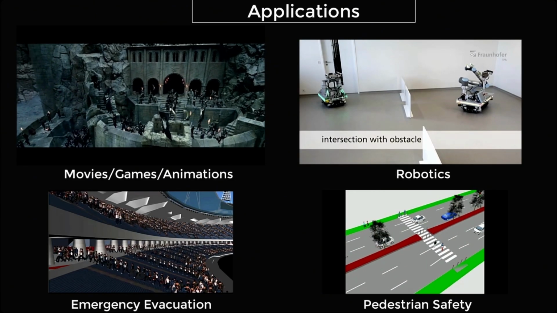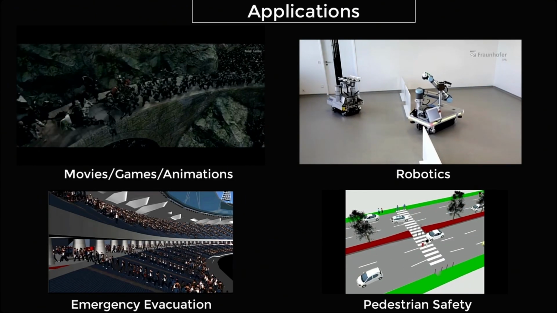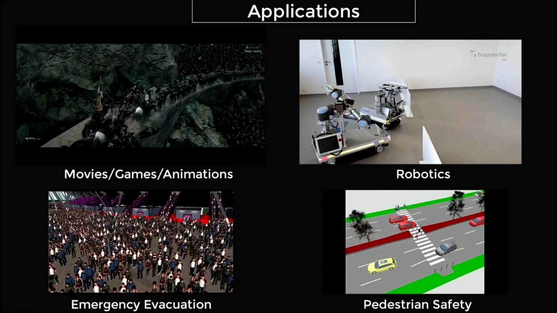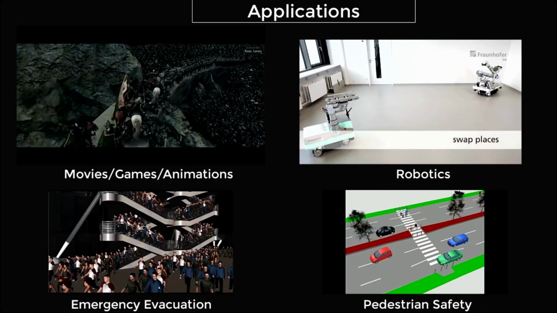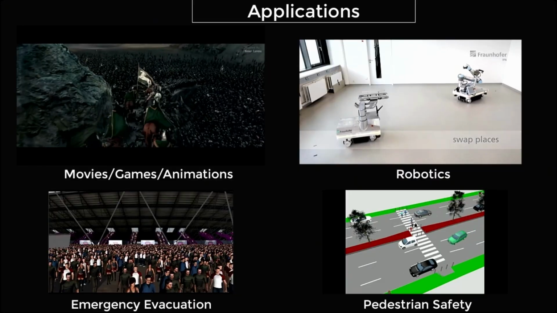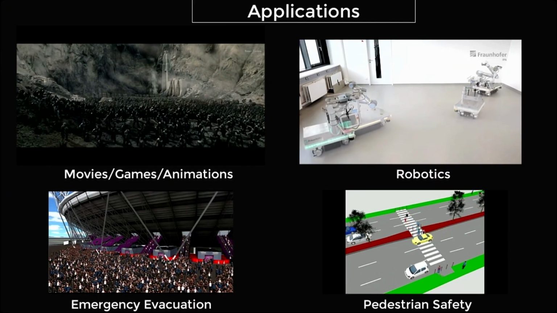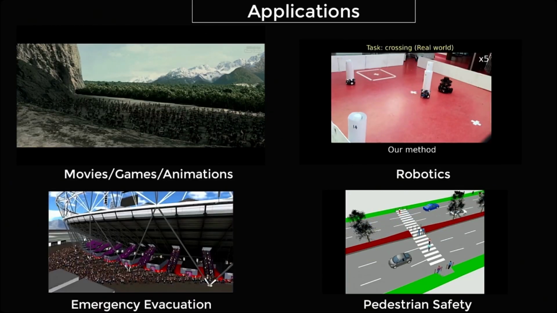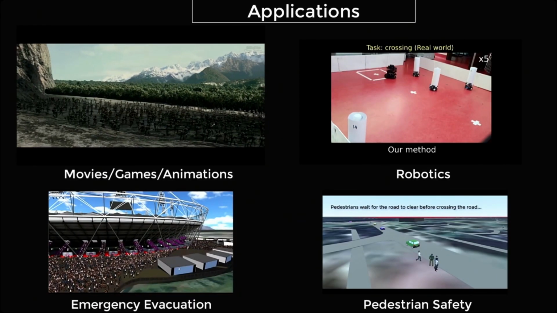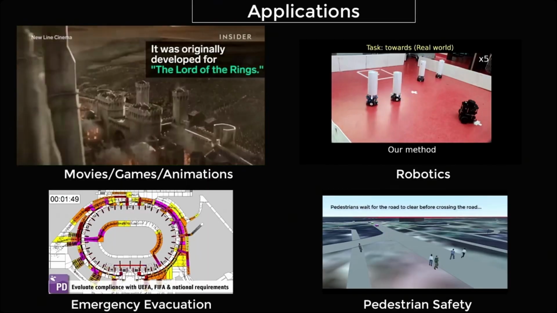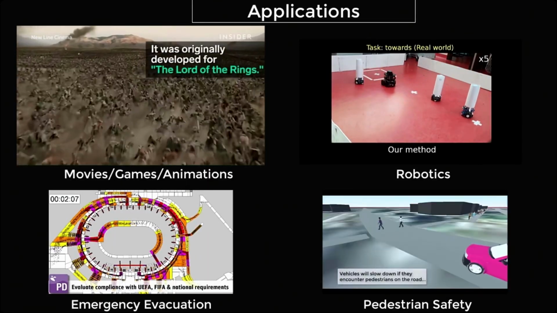This multi-agent dynamics typically has applications in movies, games, and animations, where we want to create large virtual crowds. Also in robotics for making robotic navigation smoother, and also in emergency evacuation of large buildings, stadiums, and pedestrian safety analysis.